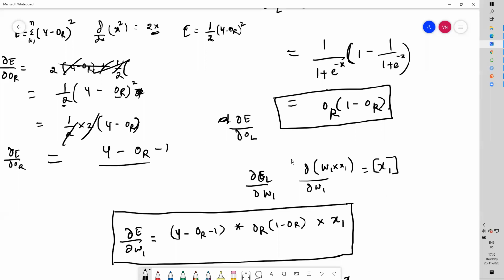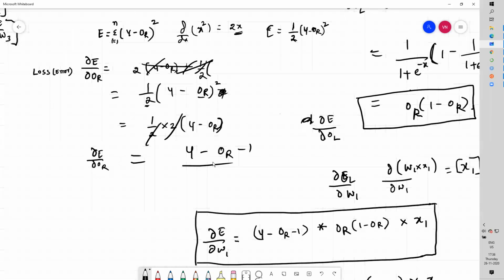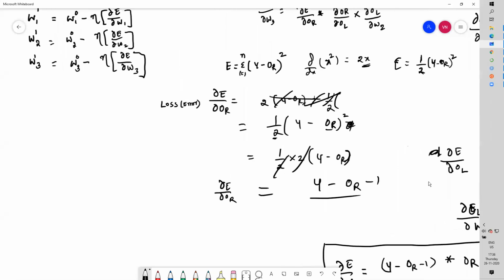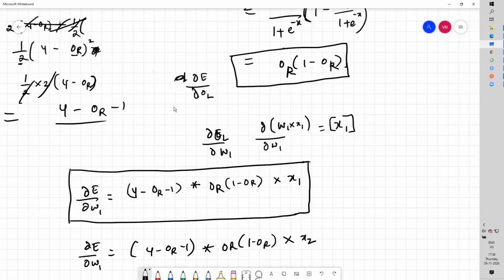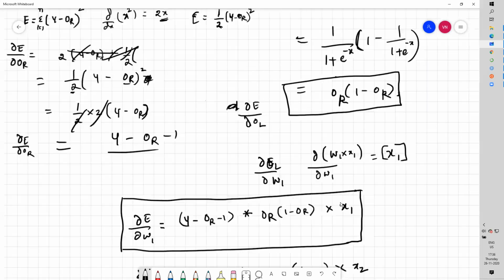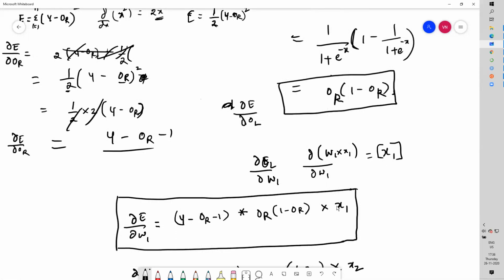For the first one, I don't need it, even if we want to, we can. What is the first derivative, dou E by dou OR? It is y minus OR, so this is straightforward. And for the last one, what is the derivative of dou OL divided by dou W1? X1 itself. So there is no complexity in calculating it.